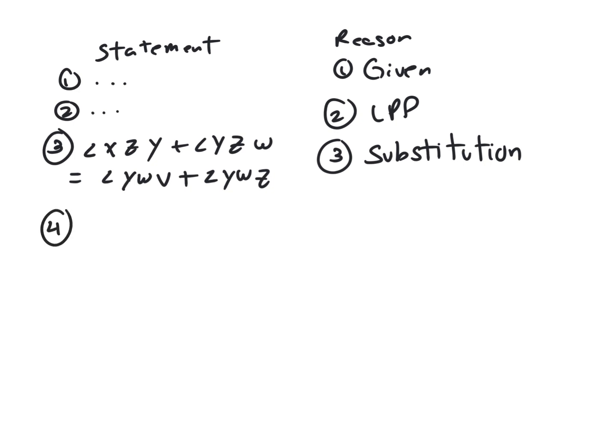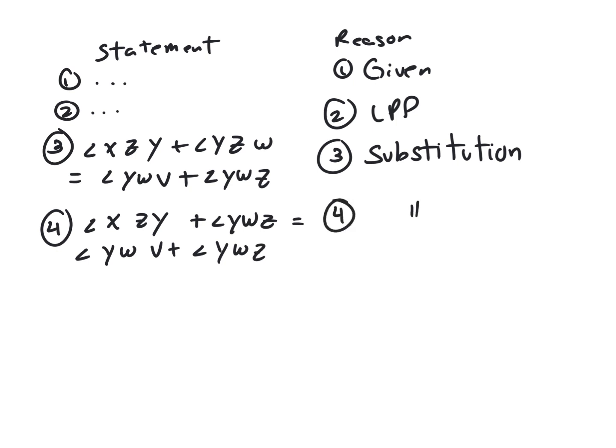For step 4, I'm also going to use substitution. I'm going to have to say it again. So I'm going to write angle XZY plus angle YWZ equals angle YWV plus angle YWZ. Again, substitution.